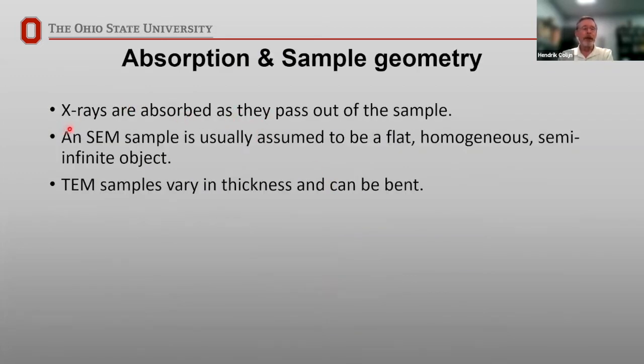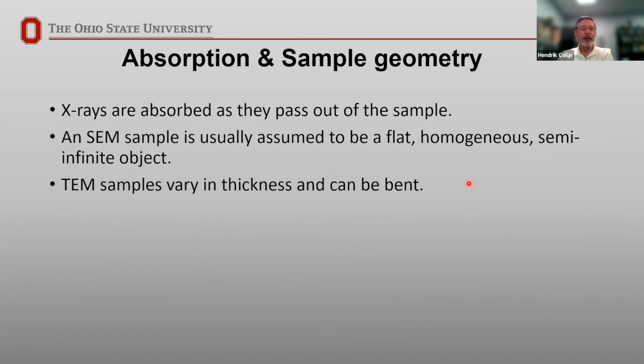Absorption is a major issue in SEM, but it's less of an issue in TEM, but it does happen depending on the X-rays in the system you have. So you do have to be aware of these assumptions and criteria that are affecting your analysis.